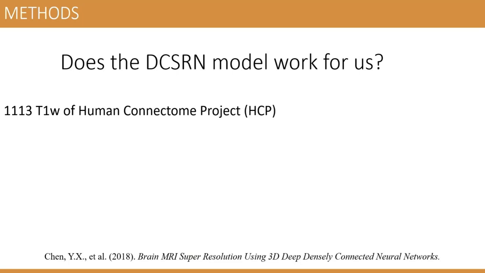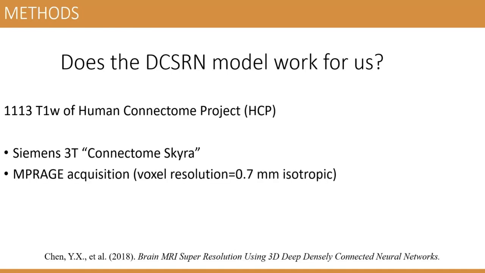So we downloaded the same dataset and the model, and we spent really months to make it work on exactly the same dataset. After we got very similar results to what they published, we decided it was time to move on to our dataset. It's MP-RAGE, and the voxel resolution was 0.7 millimeters.